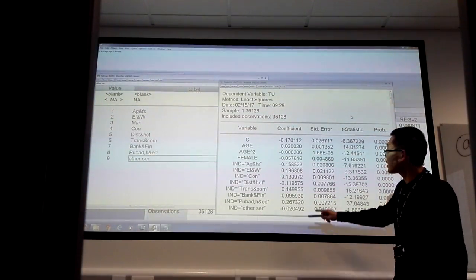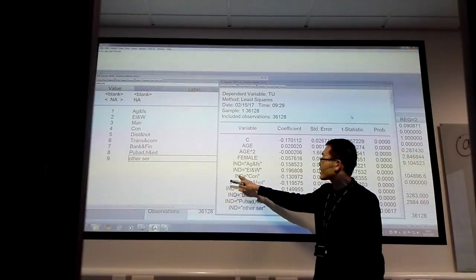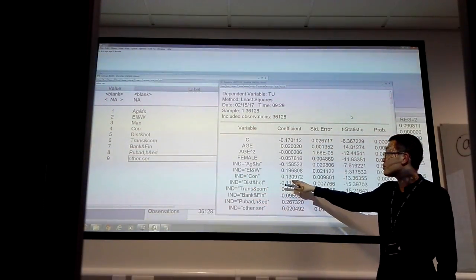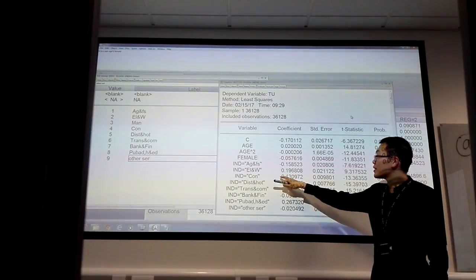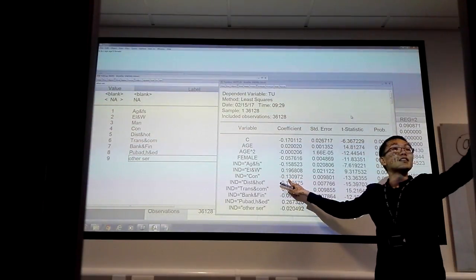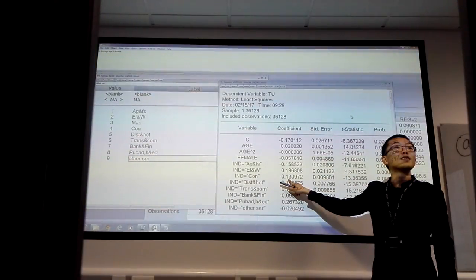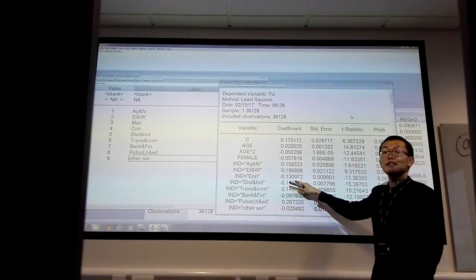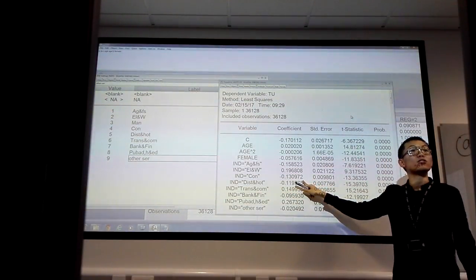So for example, here I'm comparing the construction sector, and the coefficient is minus 13. My interpretation, remember in the linear probability model, is that this coefficient is directly the slope, directly the marginal probability.